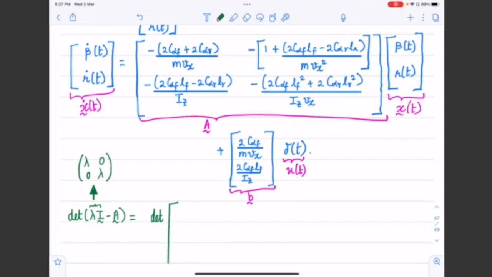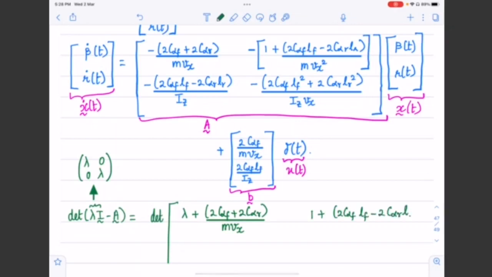And then we need to subtract the 2 by 2 matrix A from lambda I. So we will have lambda plus 2C alpha f plus 2C alpha r, divided by m vx. Minus became plus, because we have lambda I minus A. And then the second term on the first row will become plus 1 plus 2C alpha f lf minus 2C alpha r lr divided by m vx squared. That is the second term.